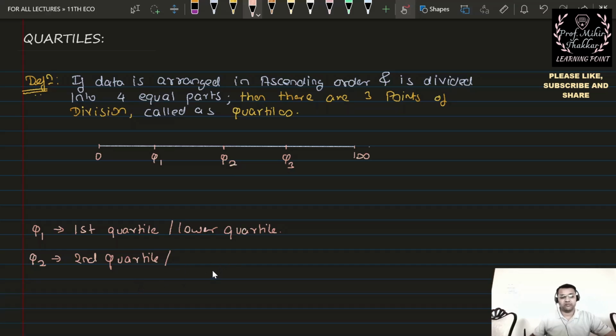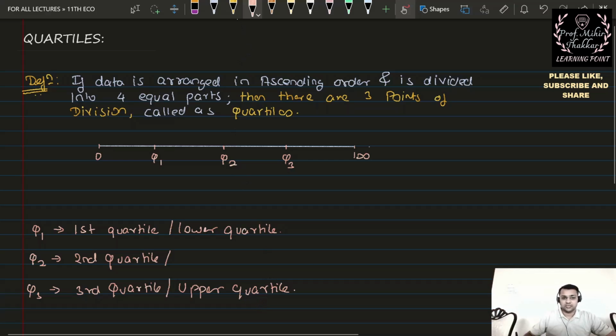There is one more name which I'll give you in 2 or 3 minutes maybe. Q3 over here is called as the third quartile or the upper quartile.